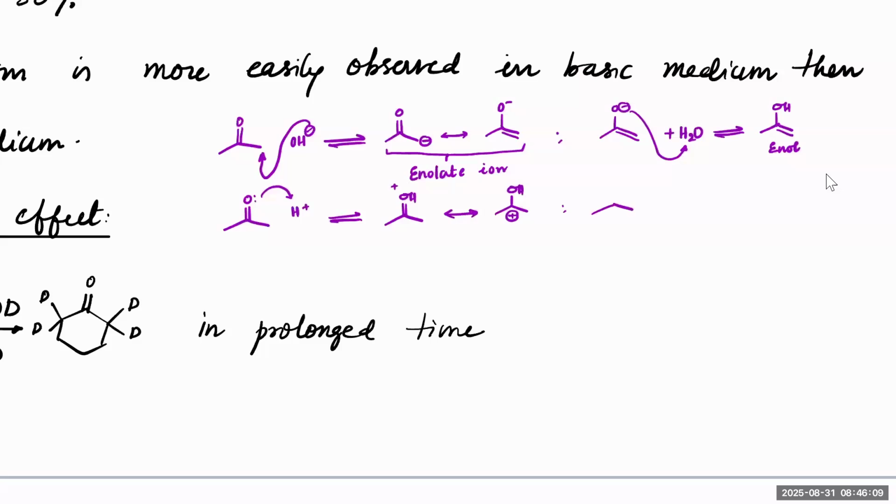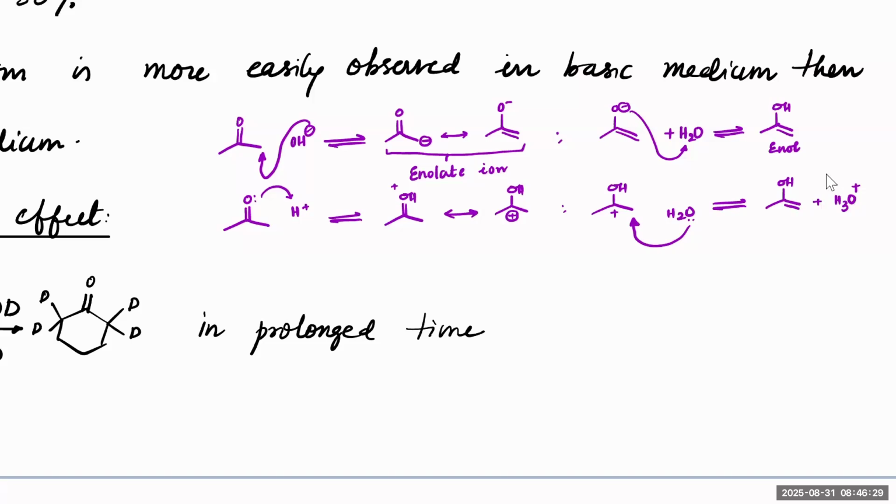And on this OH with plus charge, H2O as a base will take H plus from here. Taking that, you will get a double bond plus H3O plus.